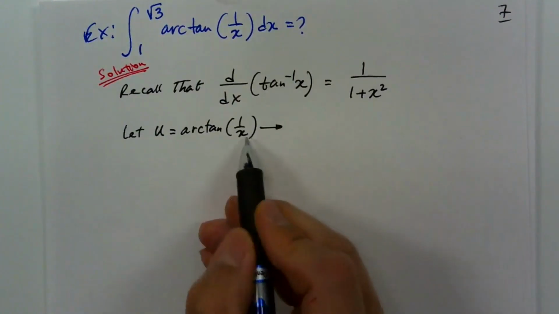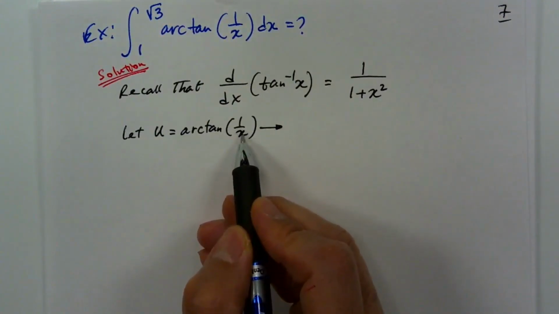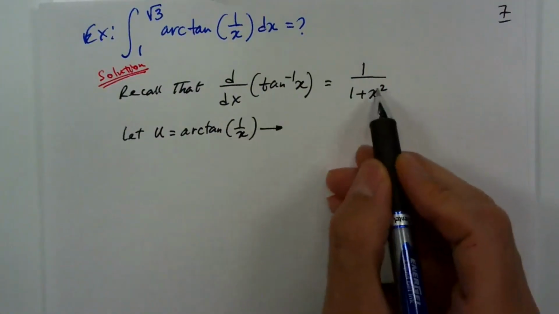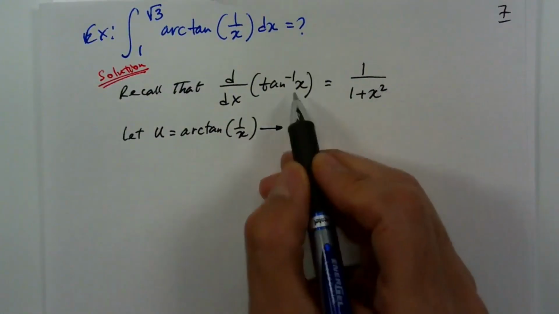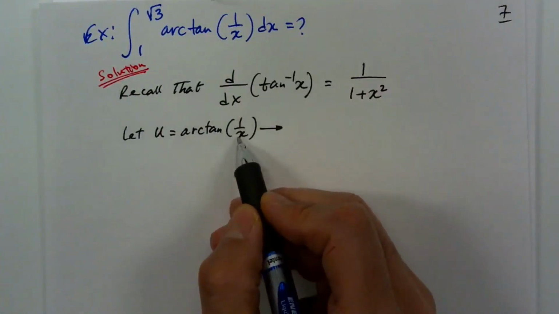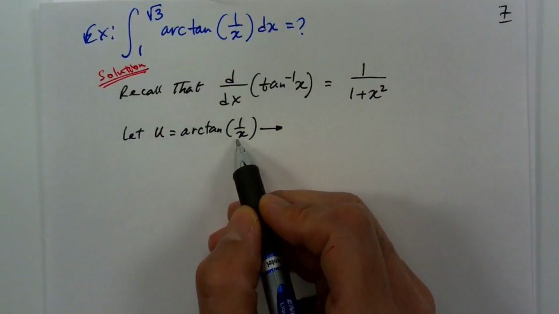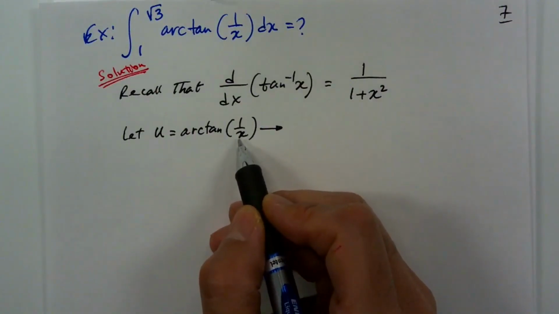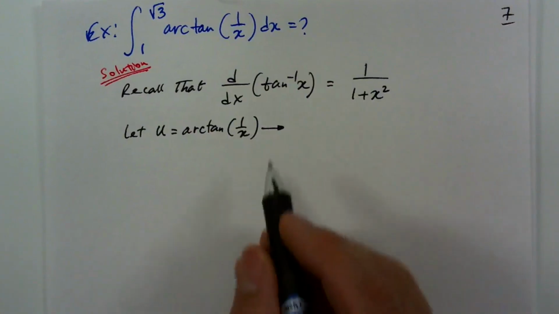And then we have to be careful, because this 1 over x, by the chain rule, has a derivative that we need to multiply by. The derivative of x is just 1, but we have 1 over x, so the derivative of this would be minus 1 over x squared. So we just have to remember to multiply that by the chain rule.